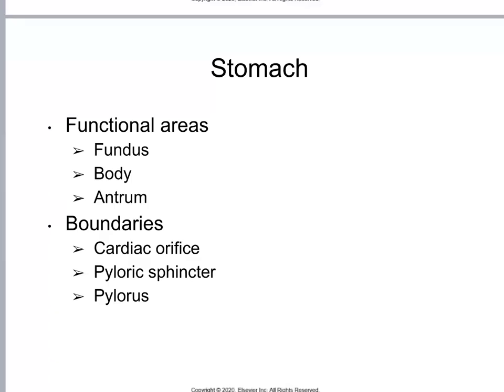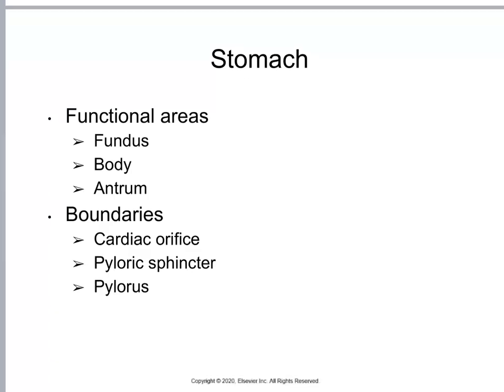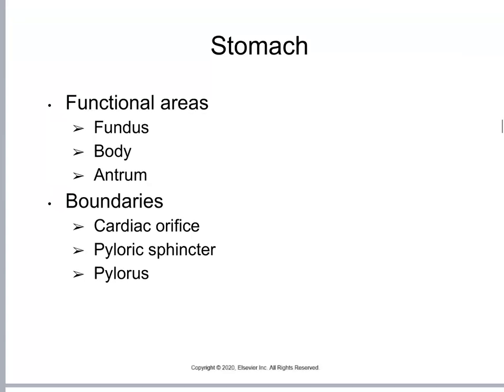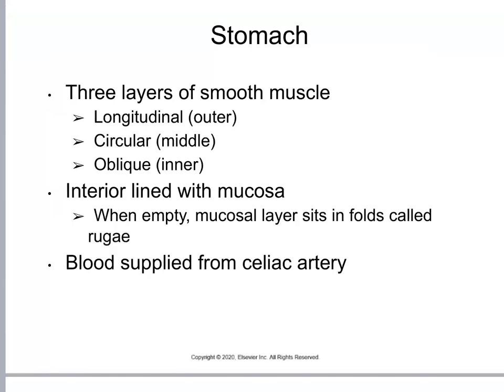The stomach is made up of some different areas. We have the functional areas, which are the fundus, the body, and the antrum. And the boundaries of the stomach are the cardiac orifice, the pyloric sphincter, and the pylorus. The stomach is made up of three layers of muscle.